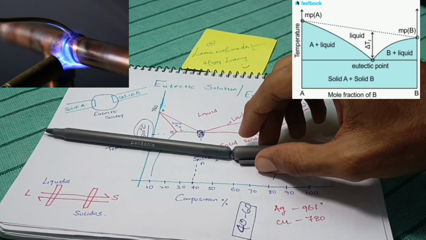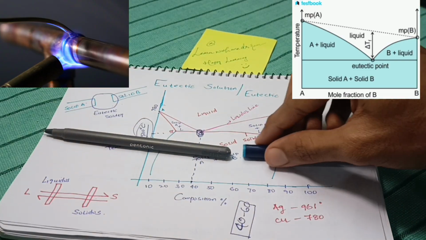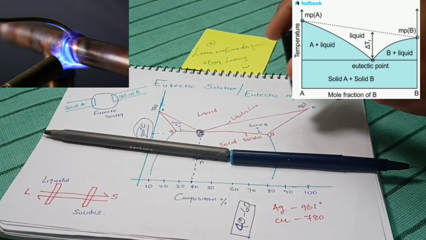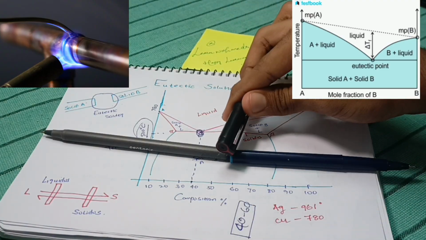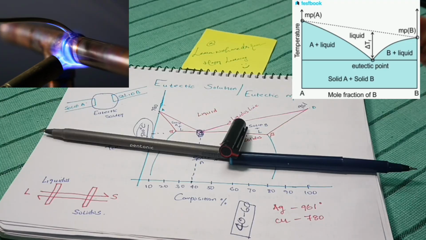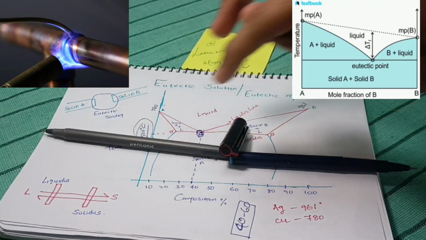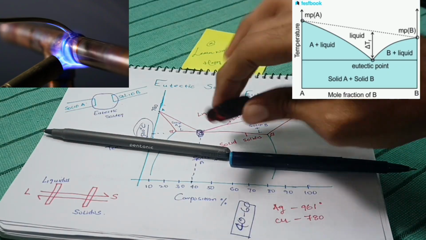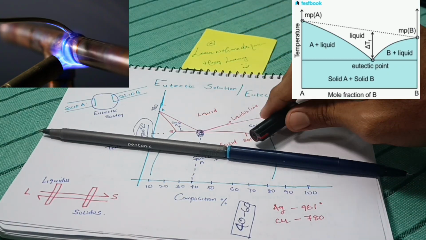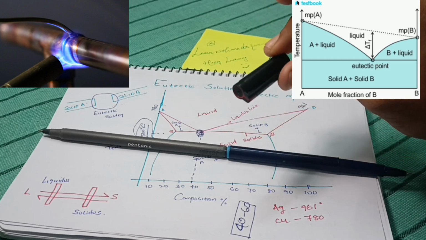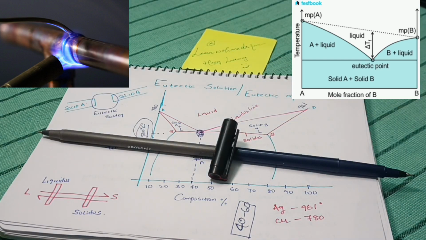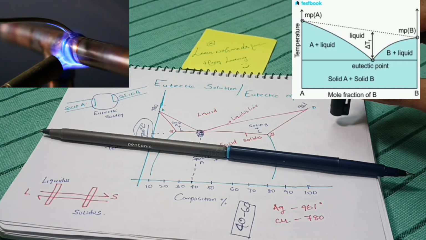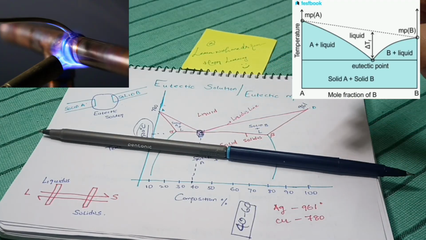But if I take two different things like silver and copper, I need only the eutectic alloy to solder at a temperature of around 500 degrees. Though this metal has a melting temperature of 780 and this metal has 961, I can do soldering of these two metals using my eutectic alloy having a 500 degree centigrade melting point. Okay, this is the main use of eutectic solution or eutectic alloy during soldering or welding procedures.